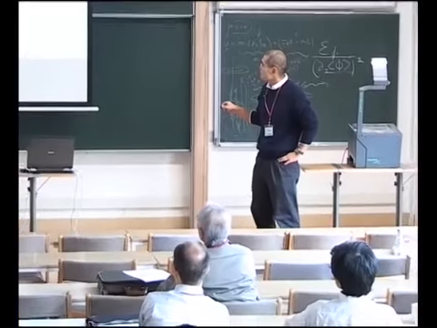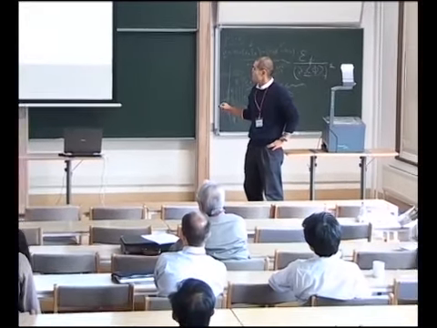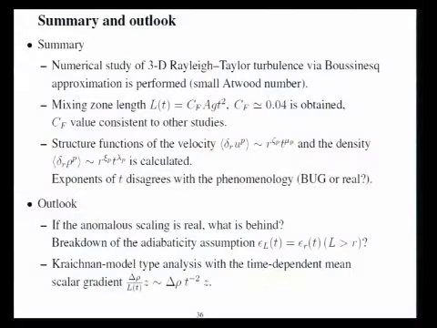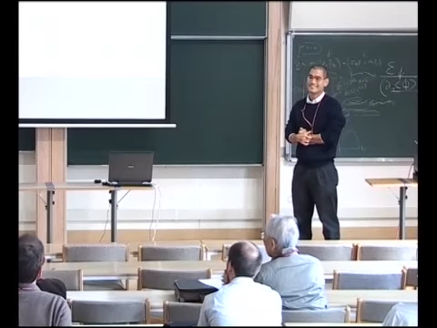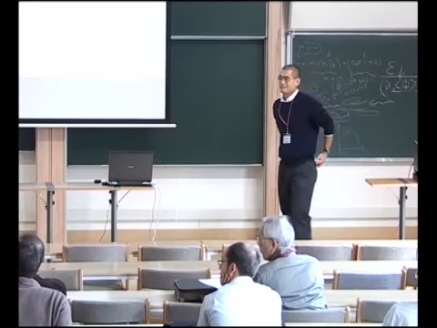So the outlook: is this anomalous scaling real? What is behind it? Perhaps the assumption of adiabaticity is the first thing we can think of. And also, it may be interesting that a Kraichnan model type analysis can be done with the time variable scalar gradient. Okay, so I'll stop here.